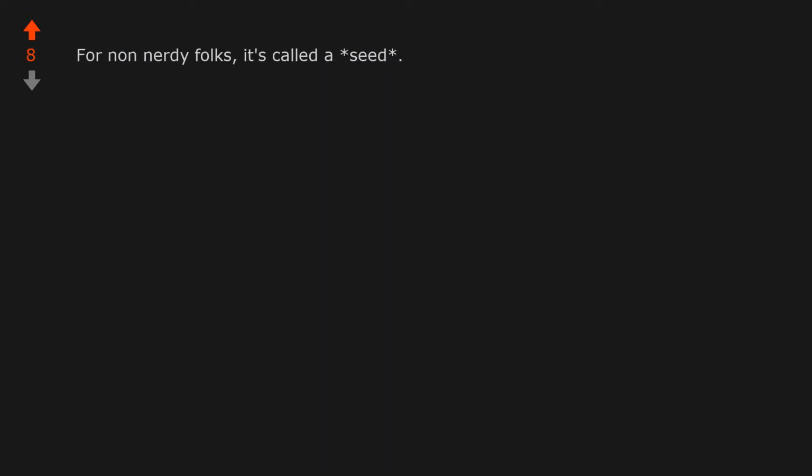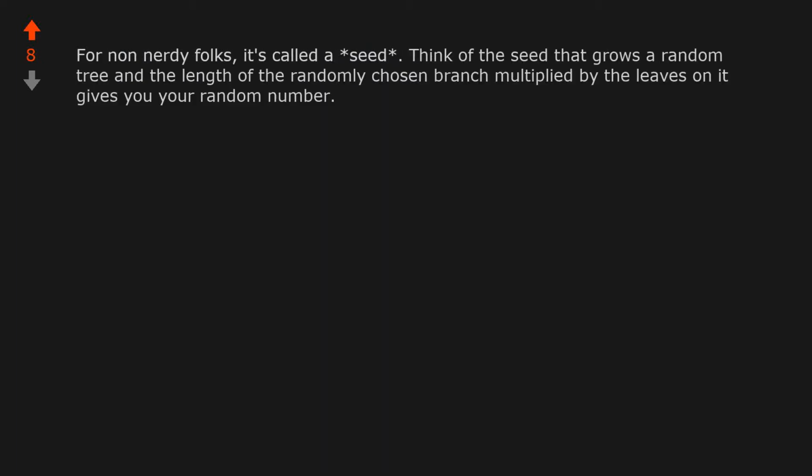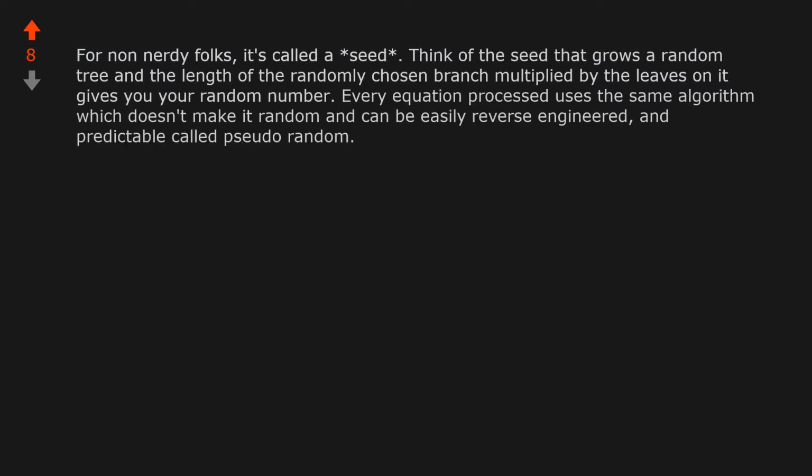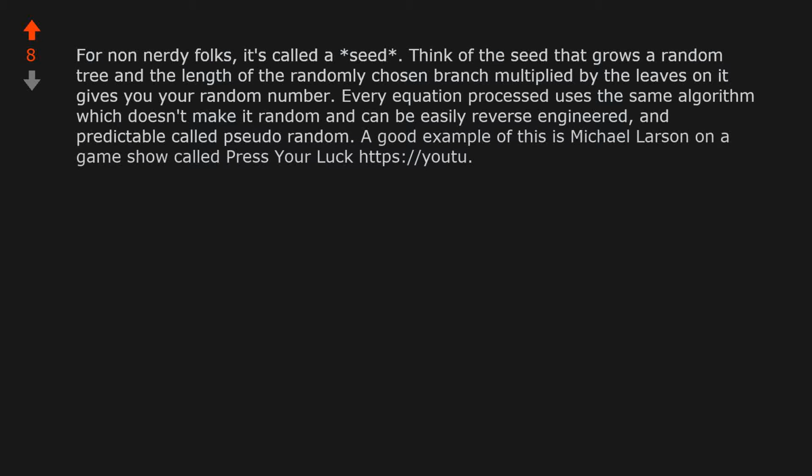For non-nerdy folks, it's called a seed. Think of the seed that grows a random tree and the length of the randomly chosen branch multiplied by the leaves on it gives you your random number. Every equation processed uses the same algorithm, which doesn't make it random and can be easily reverse engineered and predictable, called pseudo-random. A good example of this is Michael Larson on a game show called Press Your Luck.